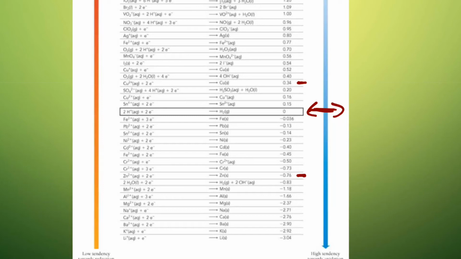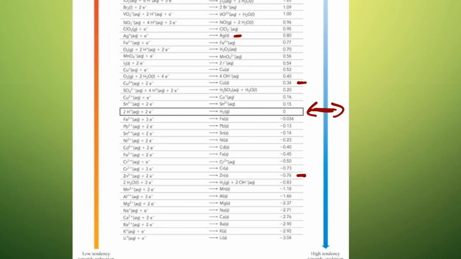Most of these metal ions really want to undergo oxidation, and so they have these negative reduction potentials. The metals that are really stable and don't want to undergo oxidation are up here, like silver and gold and copper, things that are less susceptible to oxidation and more likely to undergo reduction.